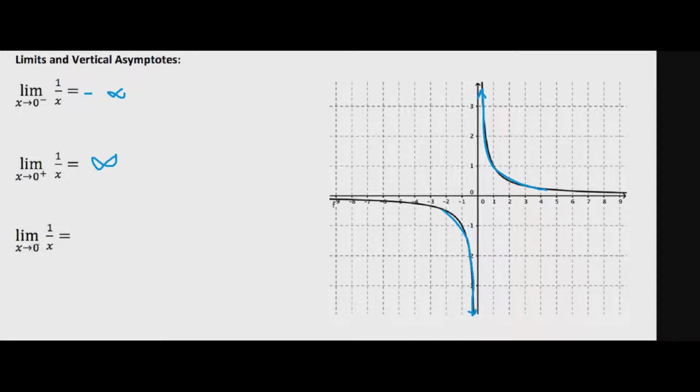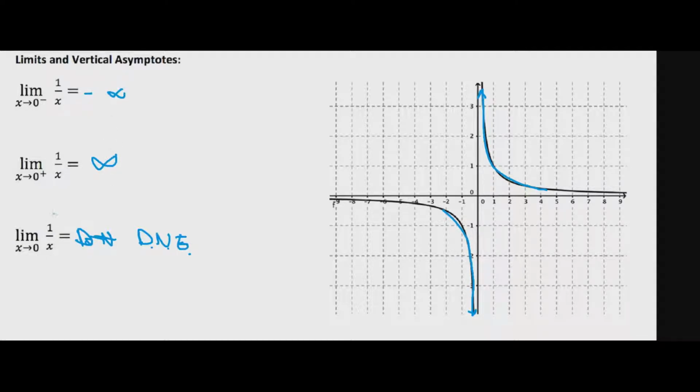Therefore, as x approaches 0, 1 divided by x does not exist. That's what the DNE stands for. Because, first of all, as it approaches from the left and the right, we get 2 different values, but infinity again is not a real number, and so we can conclude it does not exist.